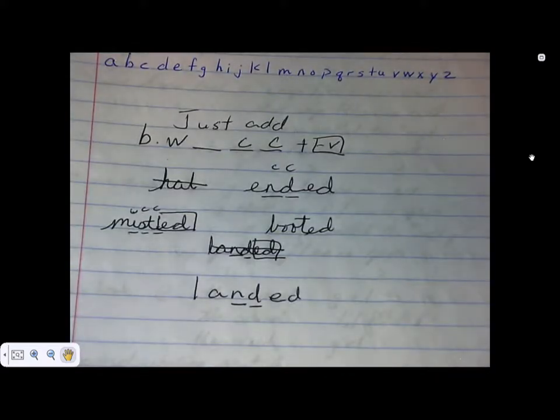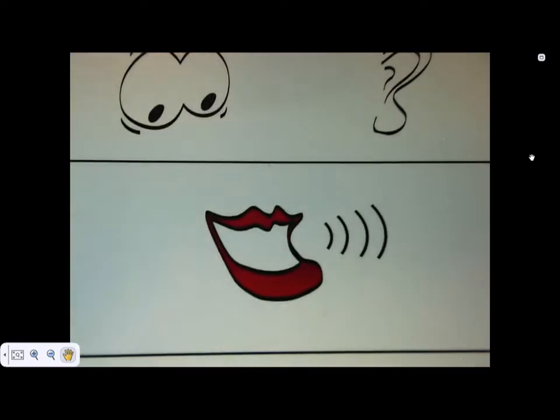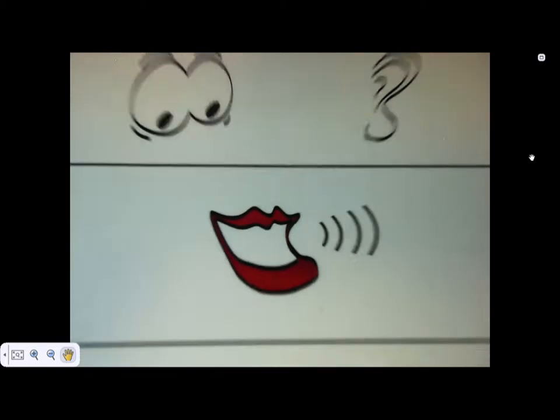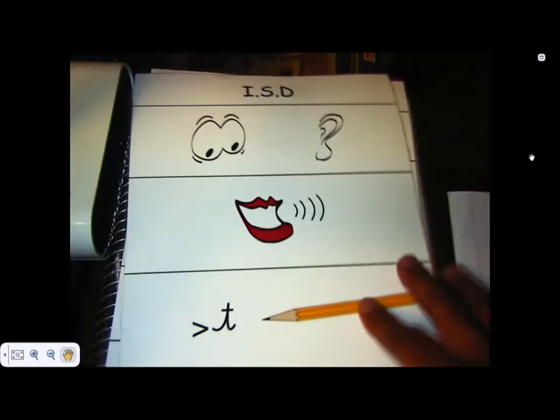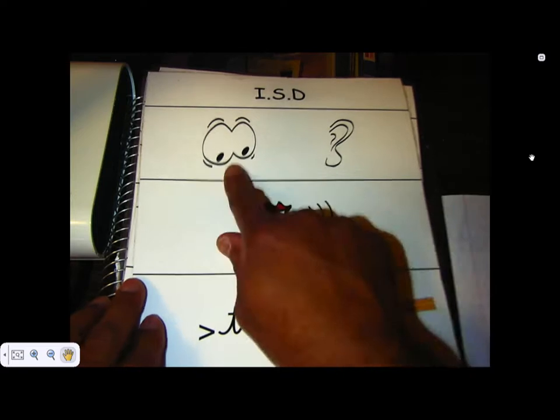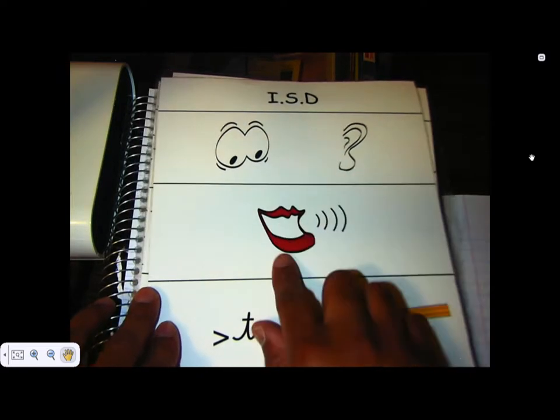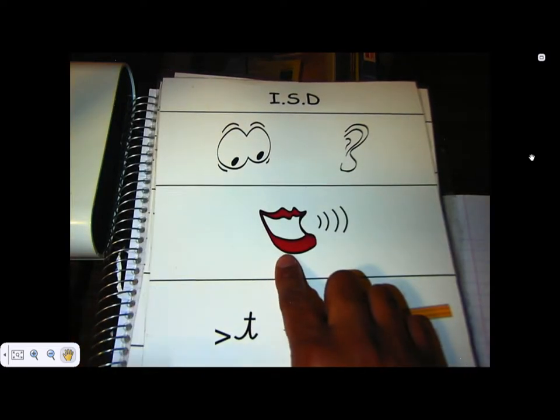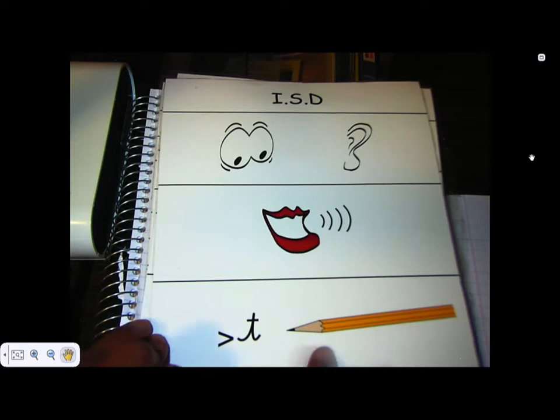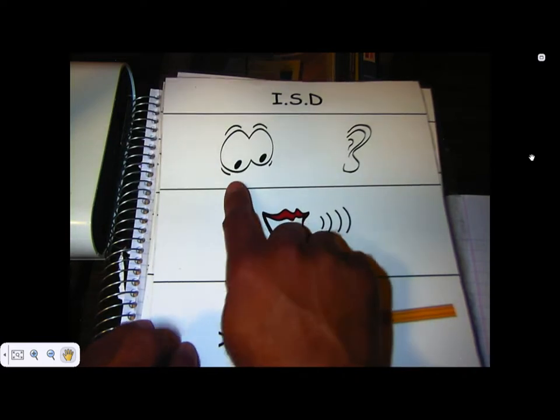now we're going to be doing the spelling deck, and when we do the spelling deck, remember that I need you to look and listen, echo what I say, name and write. That means look and listen right now.